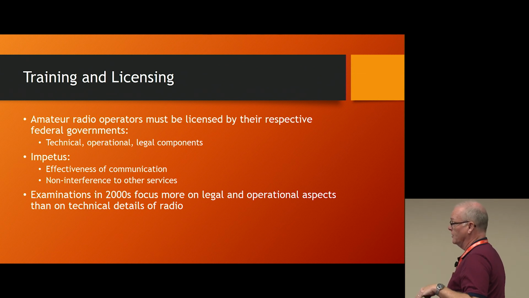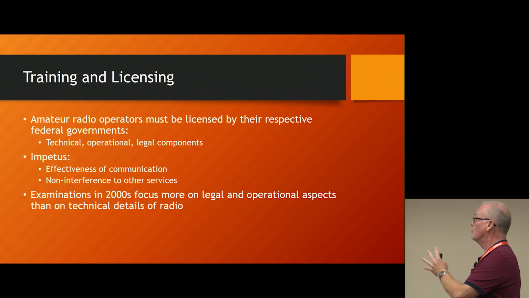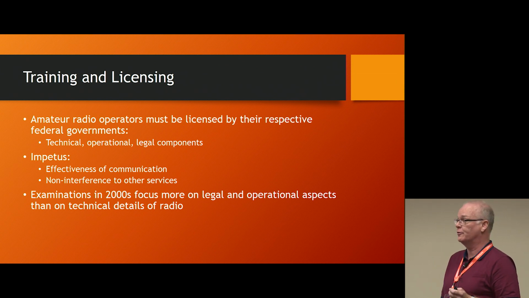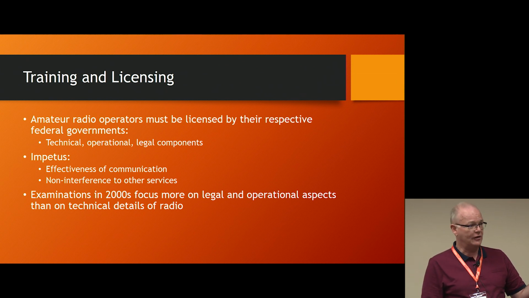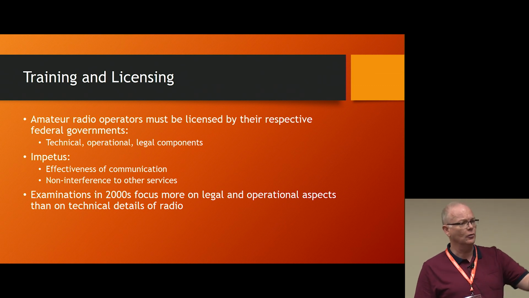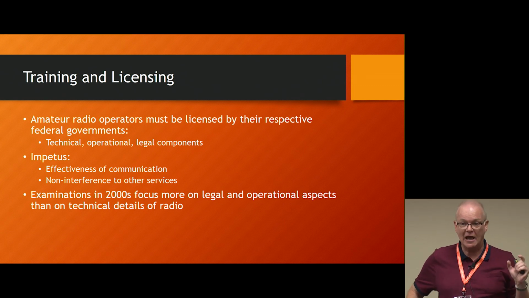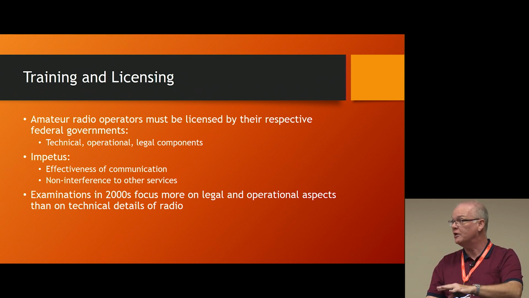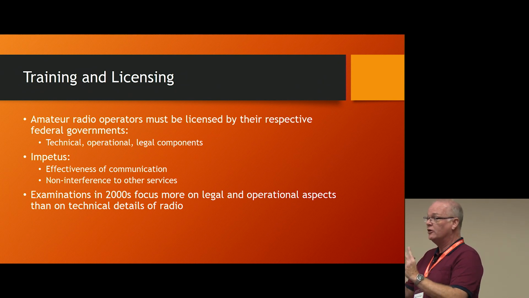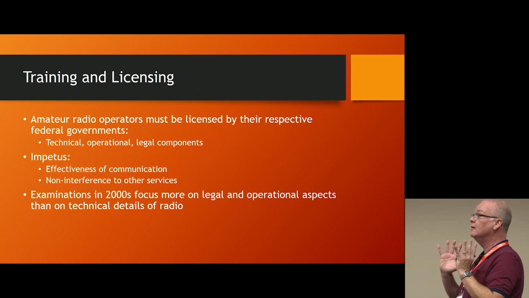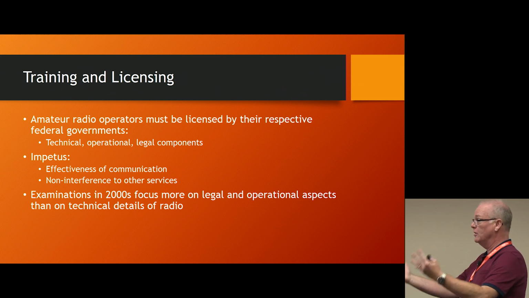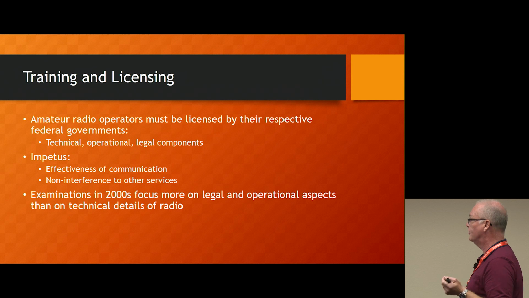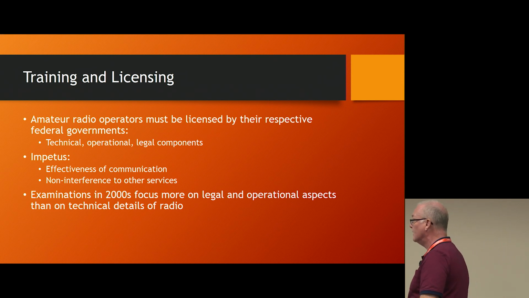The impetus for this licensing is to ensure effectiveness of communication, but prime in that is non-interference to other services, because amateurs have a number of frequency bands on which they can operate. The government's very concerned, so we have to put regulations and licensing in place to make sure that this hobbyist, experimental, innovative activity doesn't interfere with commercial services.